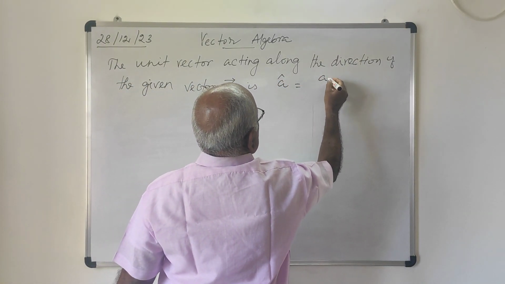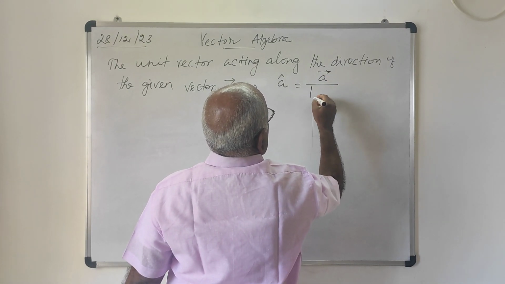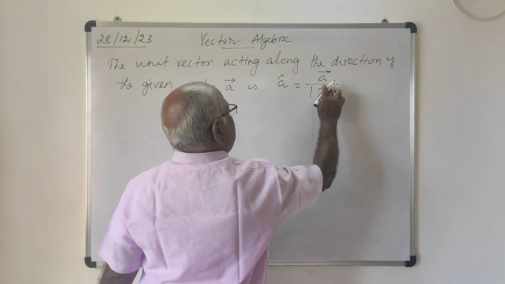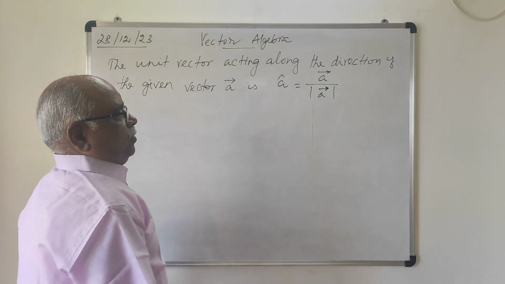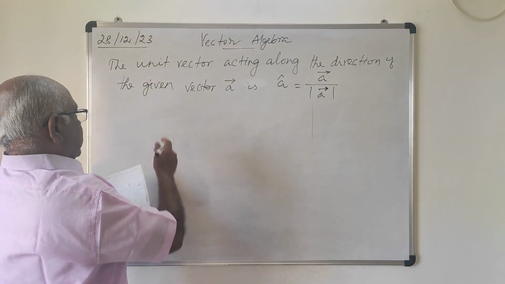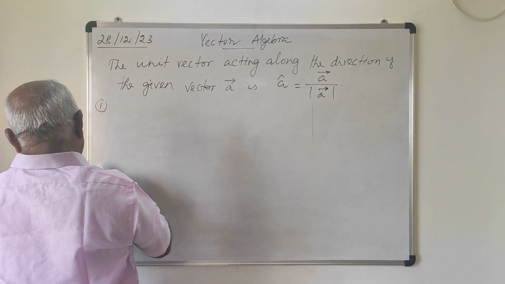This is equal to A vector by modulus of that vector. This is the formula for finding the unit vector acting along the direction of the given vector. Using this idea, one problem.